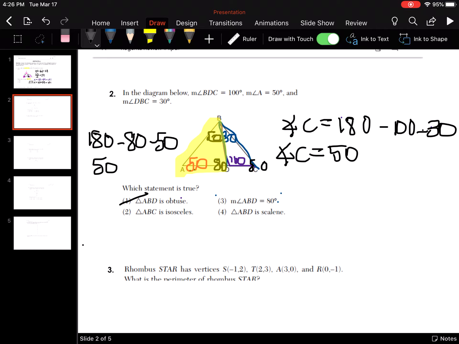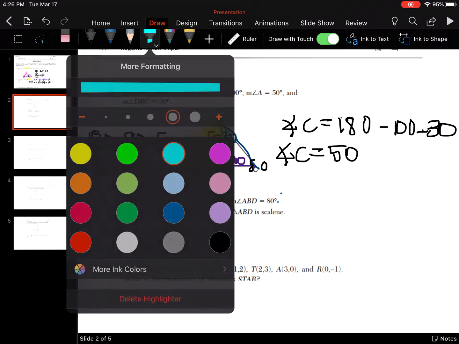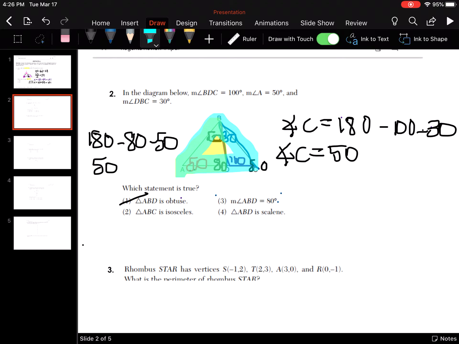It says that ABC is isosceles, so ABC would be the outside triangle. Now if something is isosceles, two sides have to be the same, therefore two angles would be the same. So we did figure out that this was 50, and we also figured out that that was 50, so this is actually true. Let's just double check that the other things are false.